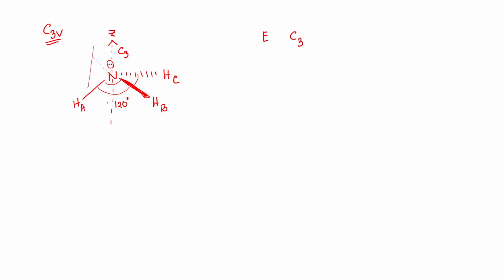Now you try to find out whether any perpendicular C2 axes are there or not. But you can't find any. So it is going to be either Cn, or Cnv, or Cnd.